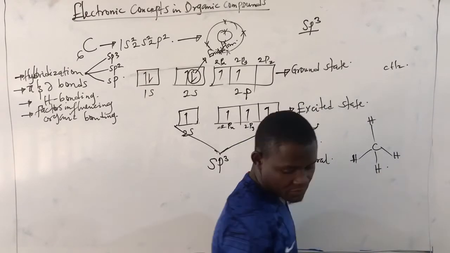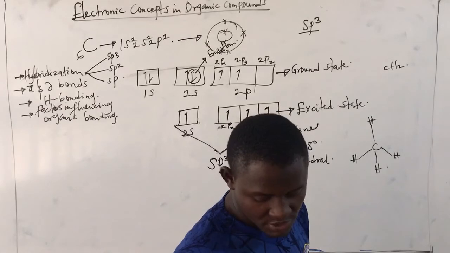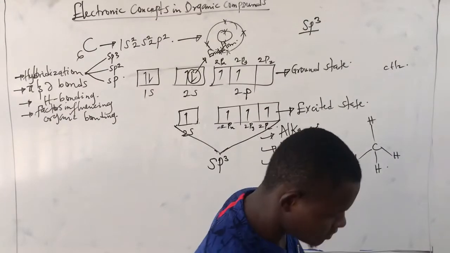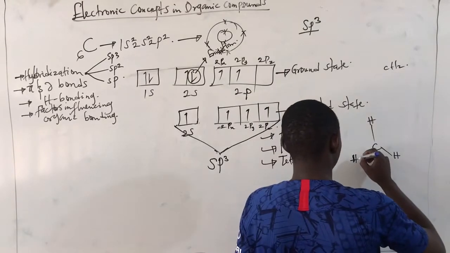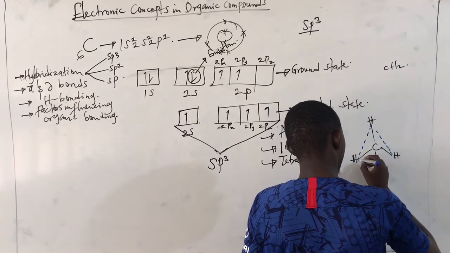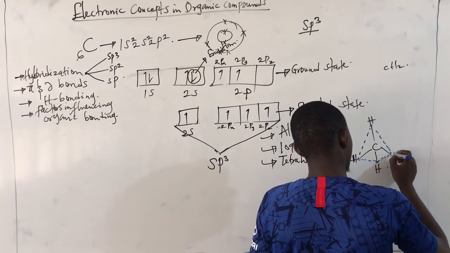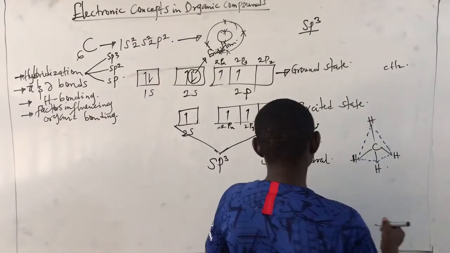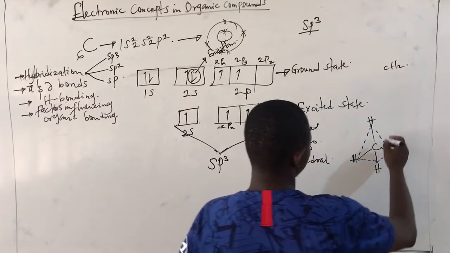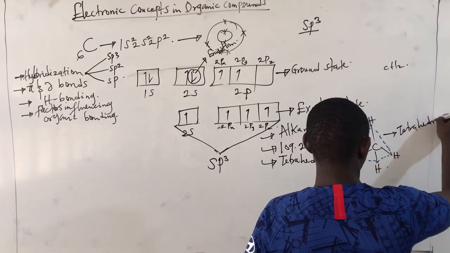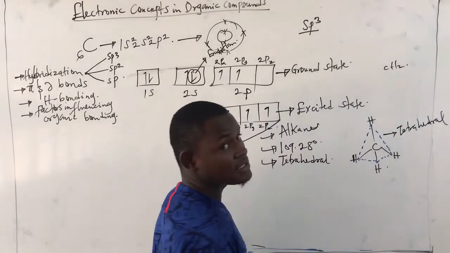We could see that this is representing a solid tetrahedral shape, because if you trace down, we're going to have something like this. So obviously this is tetrahedral, and that is why the sp3 hybridized orbitals are said to be tetrahedral. And this is common in alkanes, like I have said earlier.